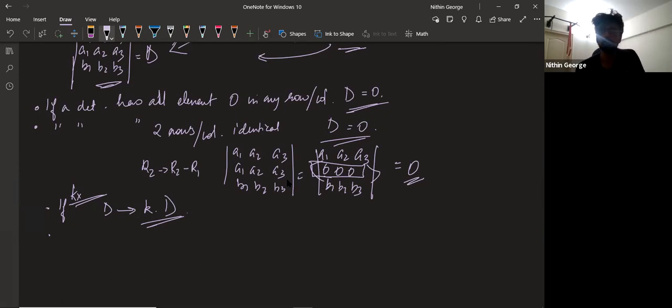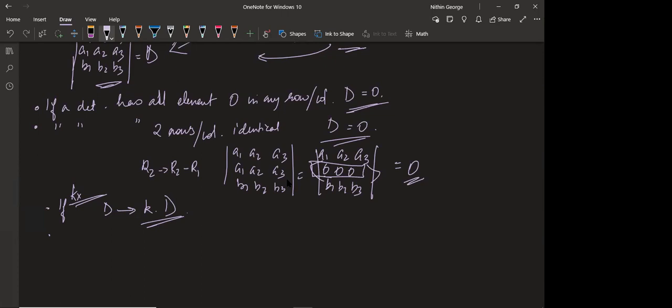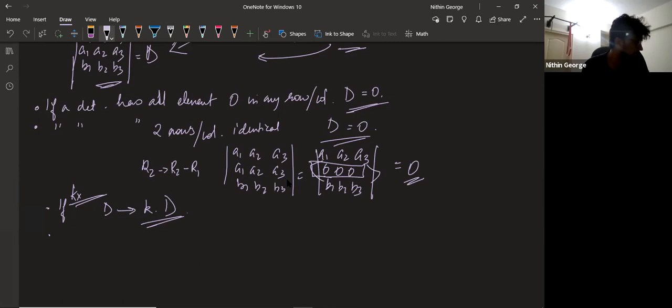Did you write this? Yes, sir. Now, if each element of any row or column can be expressed as a sum of two terms, then this can be split into the sum of two determinants.